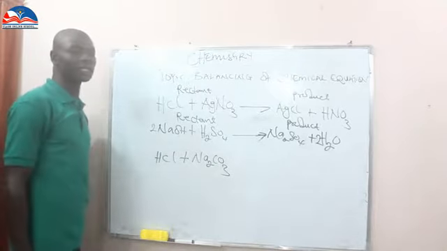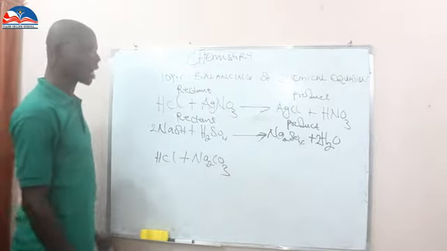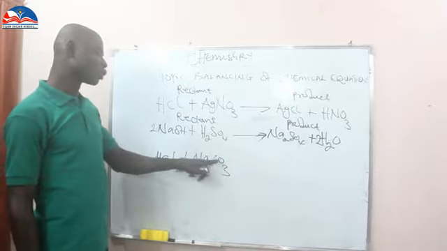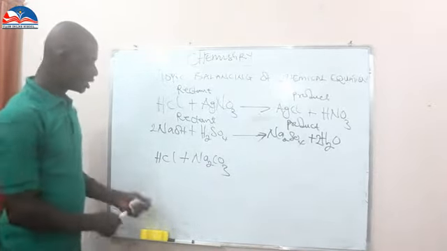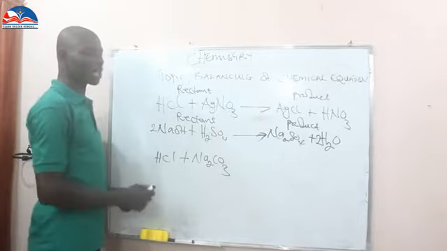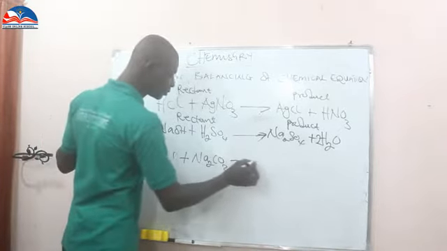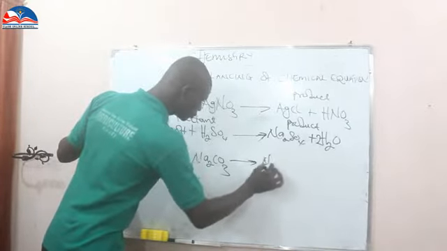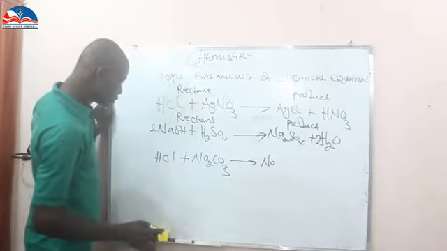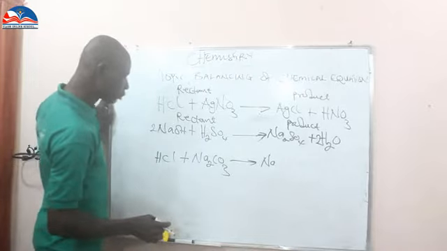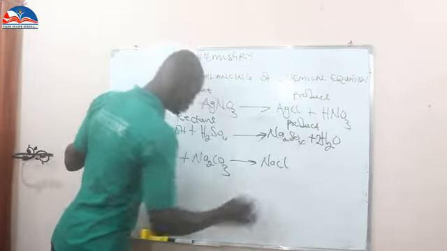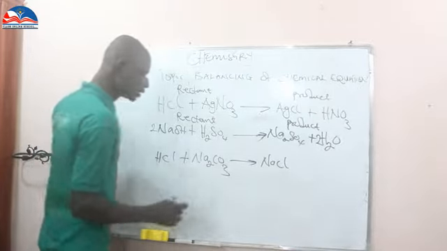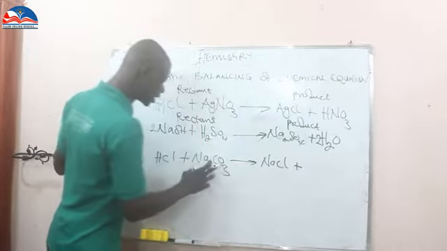Now let's get another one. We have a chemical equation like this. Look at the chemicals, hydrochloric acid and sodium trioxocarbonate(IV). When two of them react together, what am I going to have? I'm going to have sodium chloride, that is number 1, this sodium and the chlorine here, plus this trioxocarbonate.